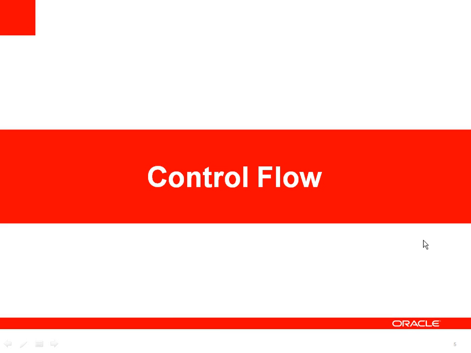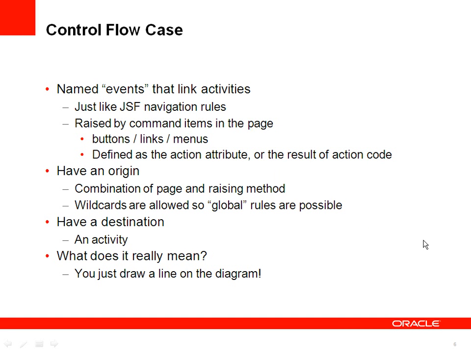Control flow cases in ADF task flow are comparable to navigation cases in JavaServer Faces. They allow you to define in metadata how a user could navigate from one view to another view, or in ADF terms, from one activity to the next activity. A control flow case is a named event.